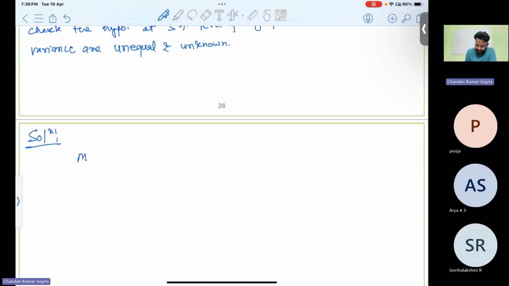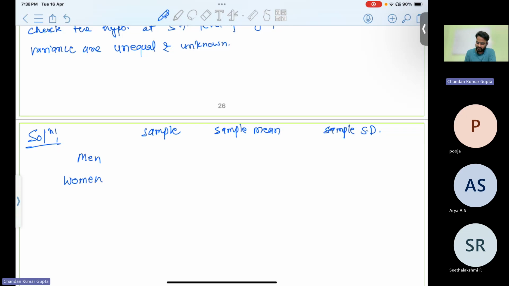Like there is man, there is woman. Okay, so the sample size, the sample mean, and the sample SD.